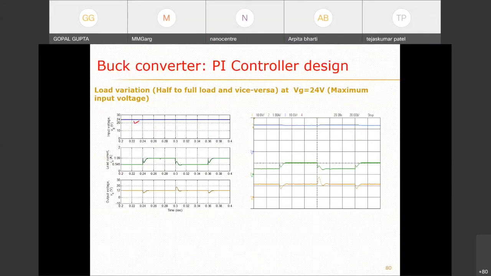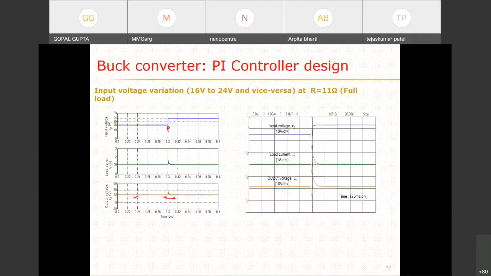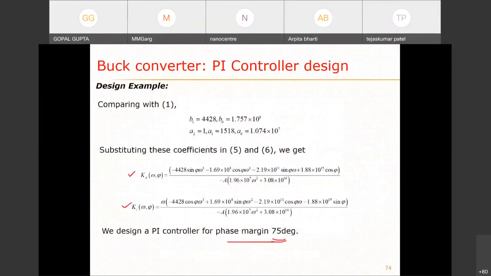So those are our different loads, full load, then half load. Then we have seen by varying the load resistance, when there is a step change in the load, so the load is increased, then voltage goes down for a certain time, then again it tracks back and is regulated. Then when input voltage is set to minimum, and when input voltage is set to maximum, at that time also, output voltage is being regulated.